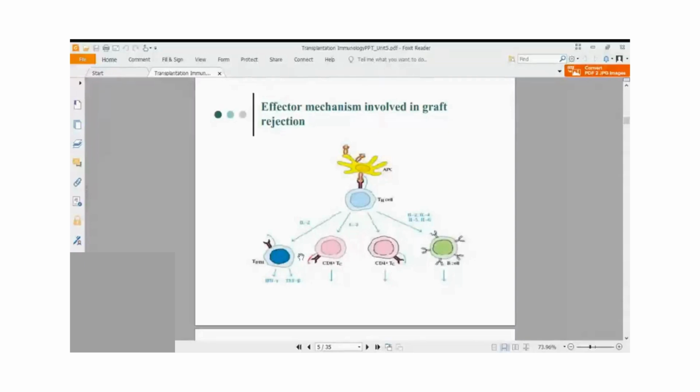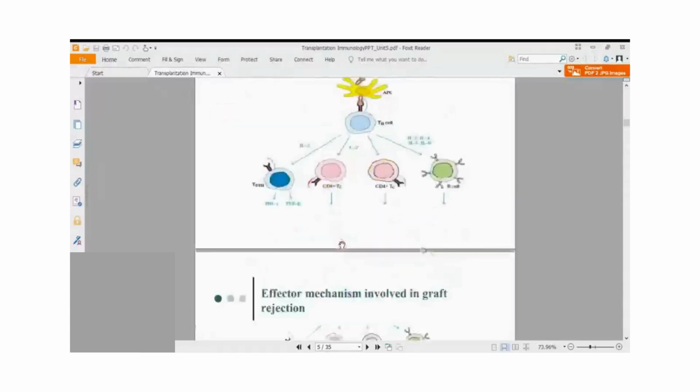Now there are other cells which are dependent on IL-2, and those other cells will be the cytotoxic T cells. The cytotoxic T cells will be proliferating because the recipient's cytotoxic T cells have come in contact with the donor's antigen, which is already there on class 1 MHC presented by the donor's organ.